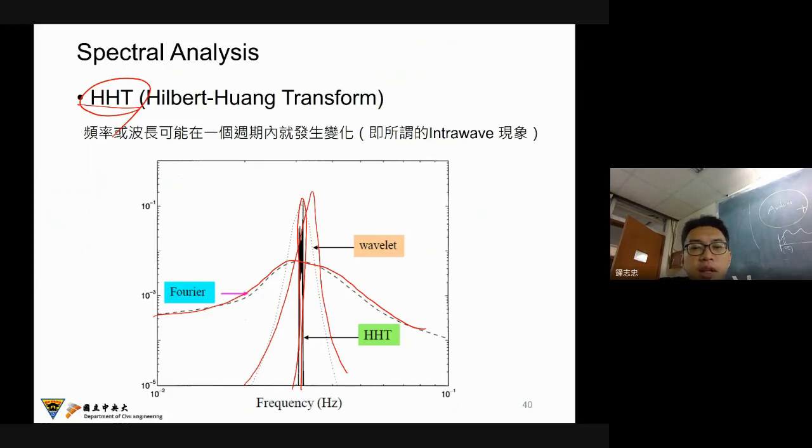Using the HHT, you can concentrate much more on the intrawave, the waveform change in a very short period of time, instantly.